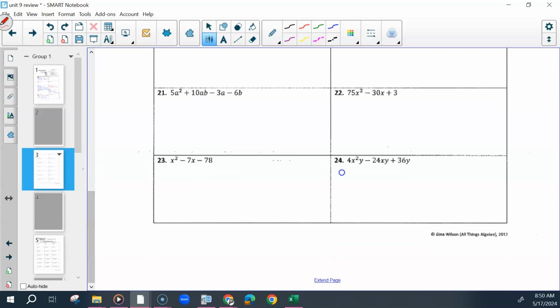What would the GCF be here? Doesn't have one. Six. 6 going into 4. 4. And does it have any variables in common? Both, I mean, x no, and y. Y? Just one.